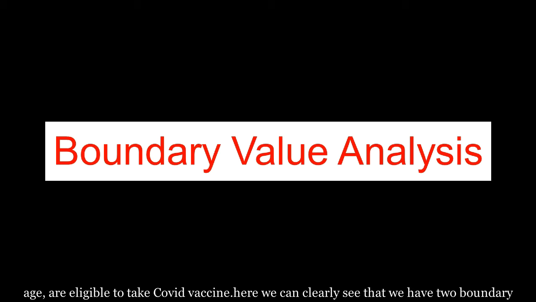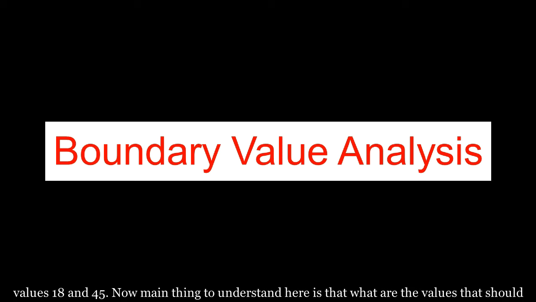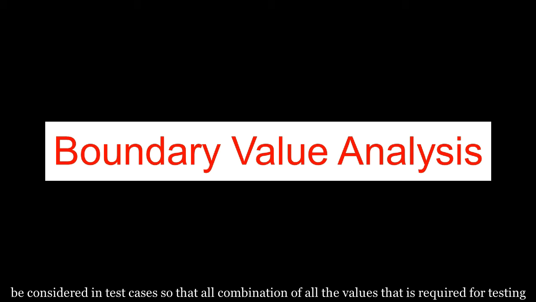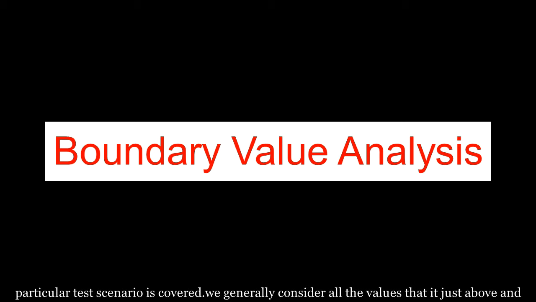However, we can clearly see that we have two boundary values, 18 and 45. Now, the main thing to understand here is what are the values that should be considered in test cases, so that all combinations of the values required for testing this particular test scenario are covered.